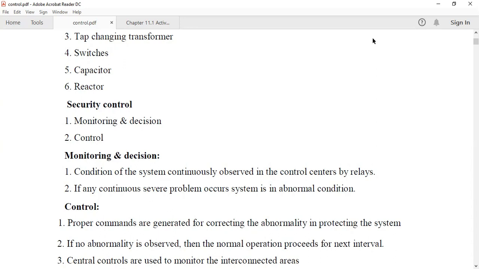If any continuous severe problem occurs, that is an abnormal condition. If the system has a severe problem, that will be sensed and eliminated from the system, by which we can maintain the healthiness and the continuity of the entire system.